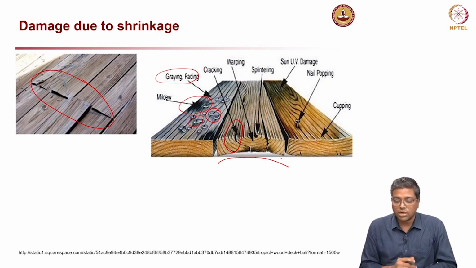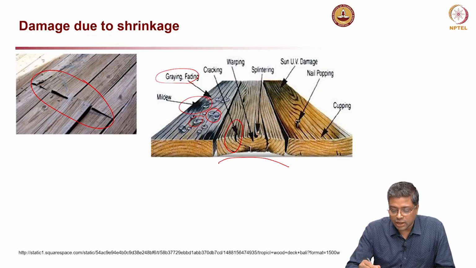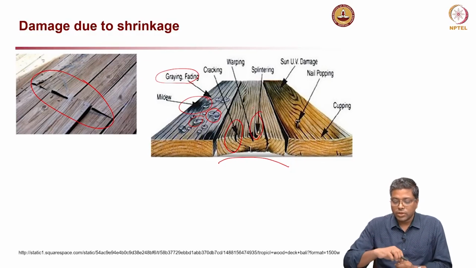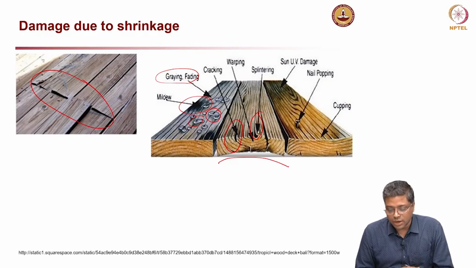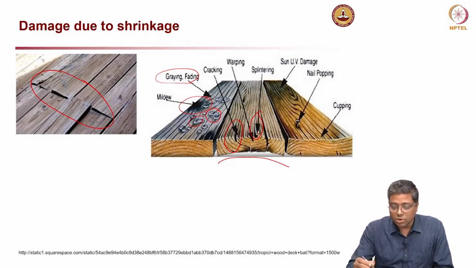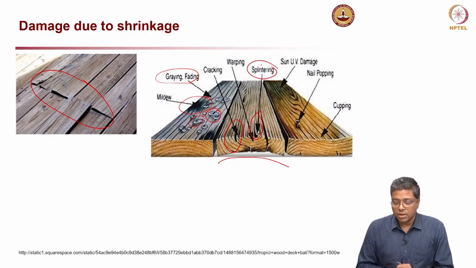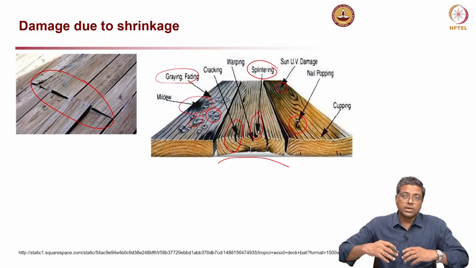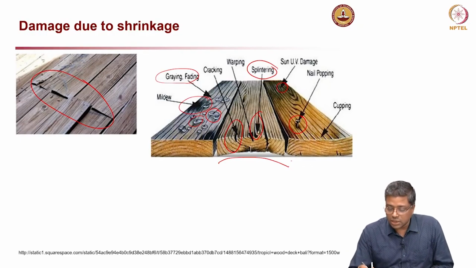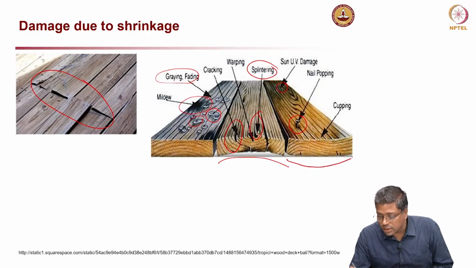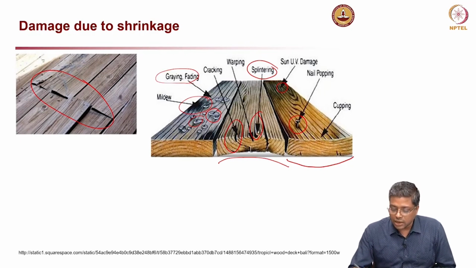The center portion lifts up, and you can see splintering here. Small grains can come out, we call it splintering, and UV damage is also sometimes possible. And you can see slight warping in the other direction here, and then cracking here.